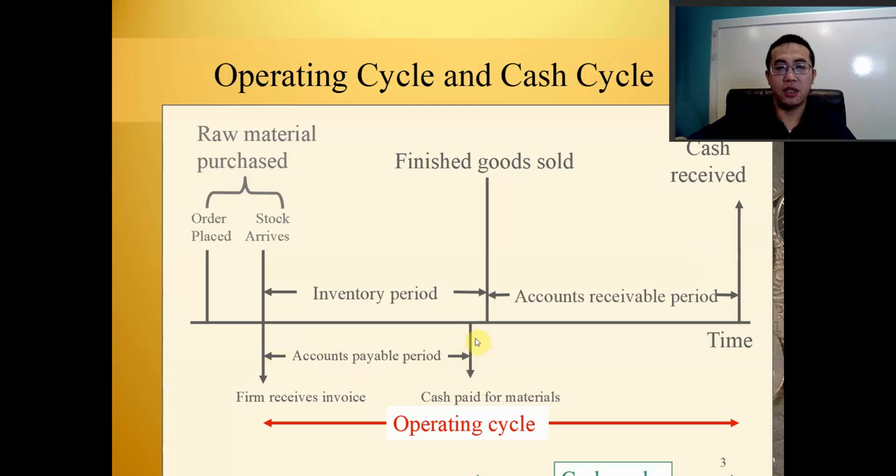So that's the time you pay the money, and you do not receive new money until right here, the end of the operating cycle. So this is called a cash cycle. This is a time that you are in shortage of cash. From the time you pay cash until the time you receive cash, that is the time you have a shortage of cash. We call this a cash cycle.